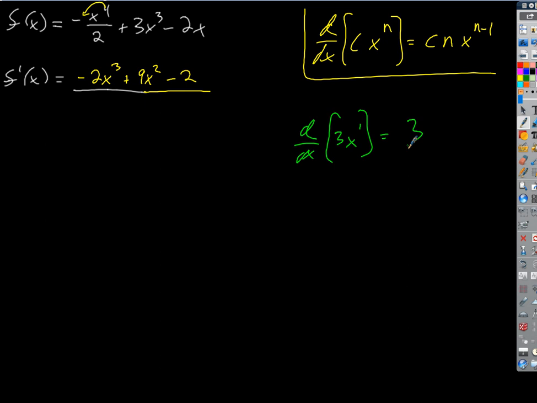With respect to x. Okay, let me show you another way of looking at that. And it's all real consistent. So we can use the power rule, or we could even just say the derivative of 3x with respect to x, and that's how we'd say that. The derivative of this with respect to whatever we'd call the variable of differentiation, whatever the variable is that appears on the bottom, okay?